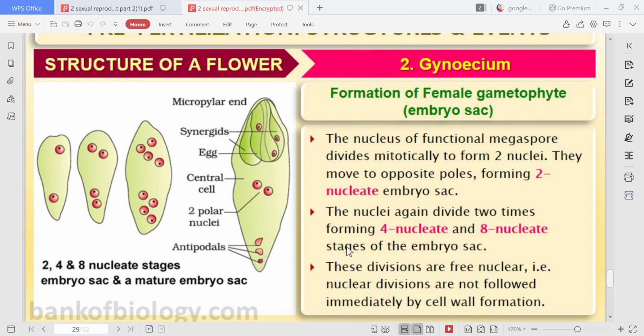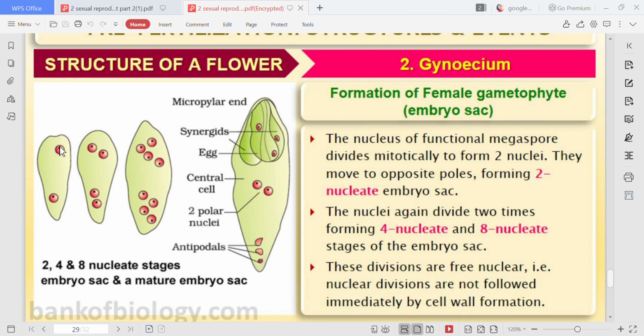Next, the nuclei will again divide 2 times. The first time, there will be 2 nuclei at each pole, and then again a mitotic division takes place, giving 4 nuclei at each pole. So 3 mitotic divisions take place.